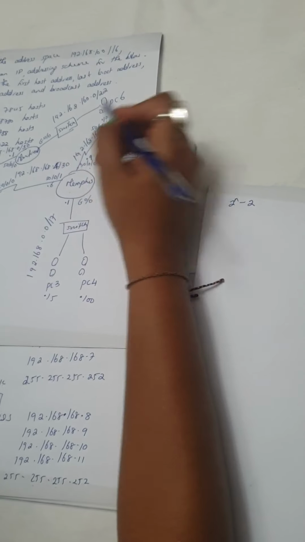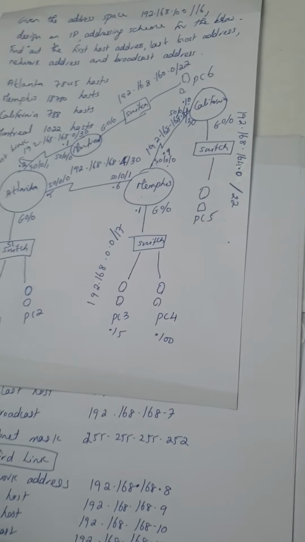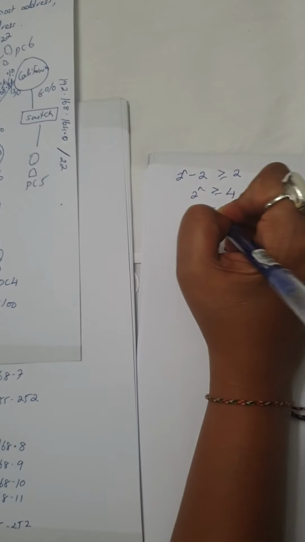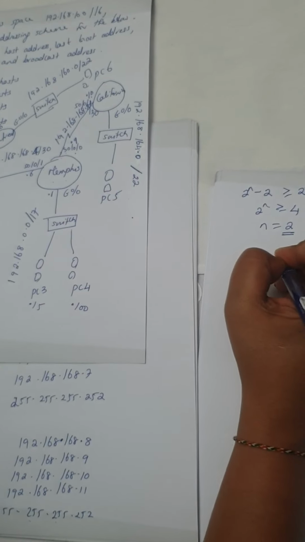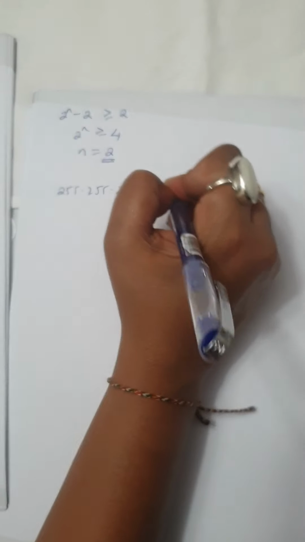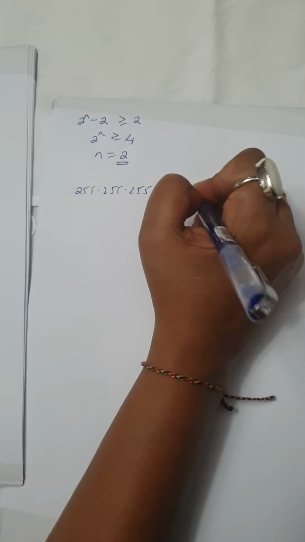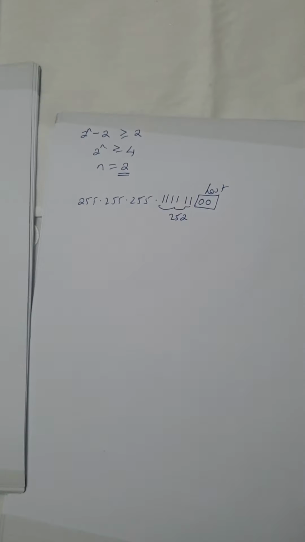Only two: one is here, one is for here. So 2^n is greater than or equal to 2, greater than or equal to 4, n is equal to 2. So only two host bits are required. These are my two host bits. When we calculate all this, it comes to 252.